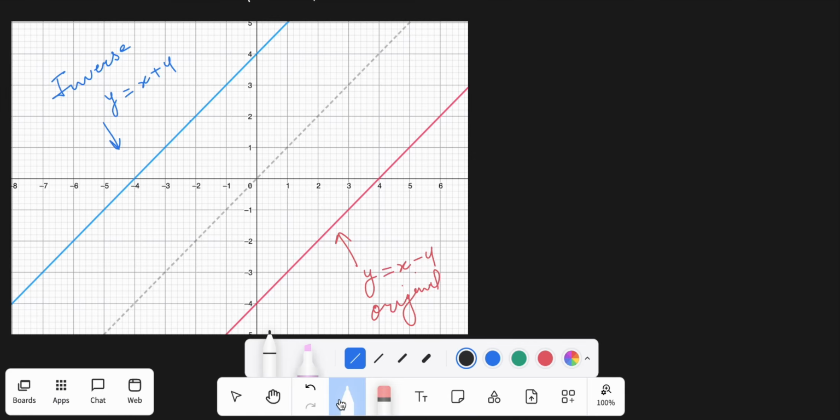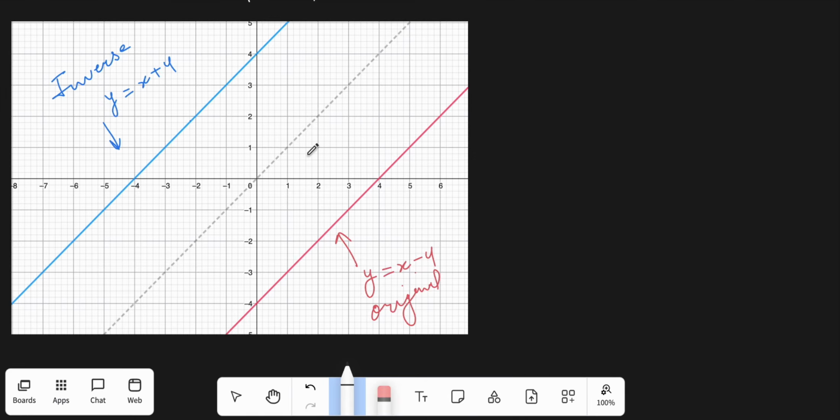Let's try to examine these functions at some points. Our original function at x is equal to 4 outputs 0. So at x is equal to 4, it outputs 0.